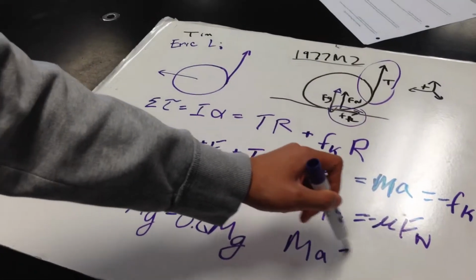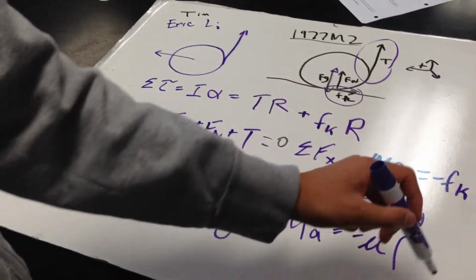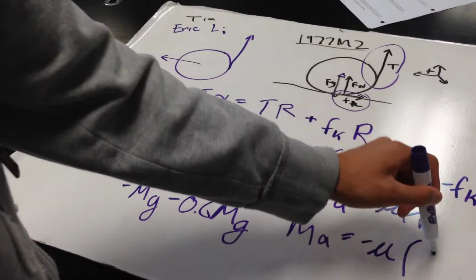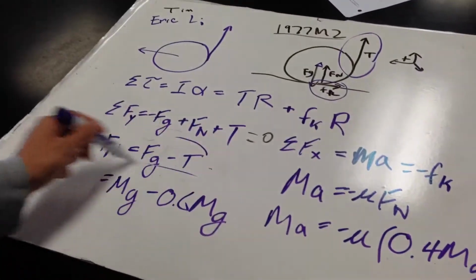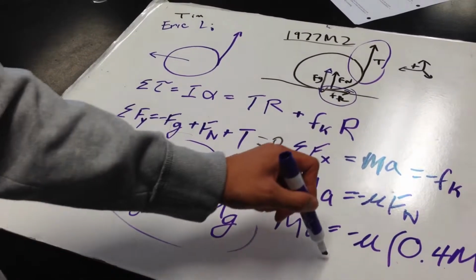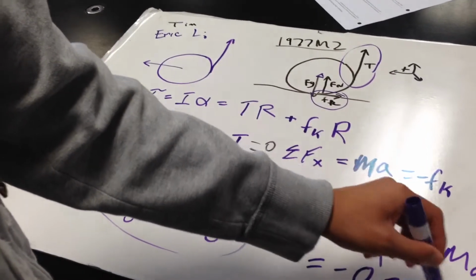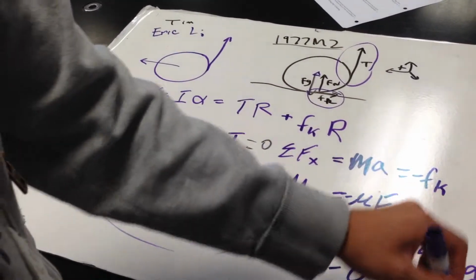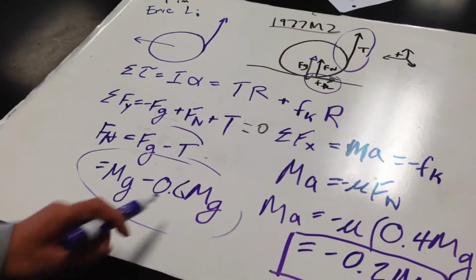Now, we can set that equal to negative mu times 0.4 mg, as we stated here before. Now we know what mu is. It is 0.5. So we can solve this real quick and say that it's negative 0.2 mg. Alrighty. Acceleration.